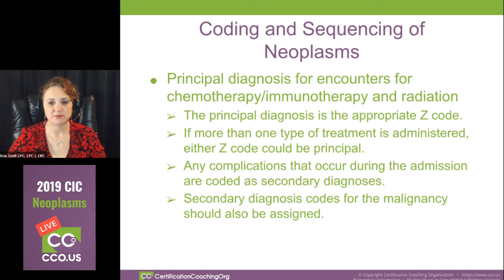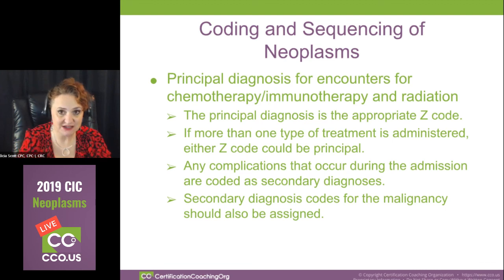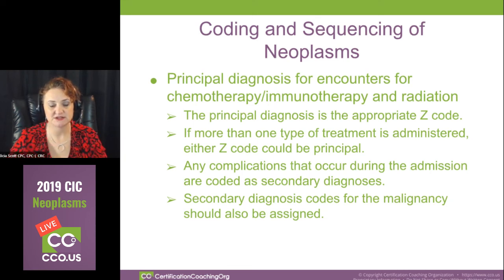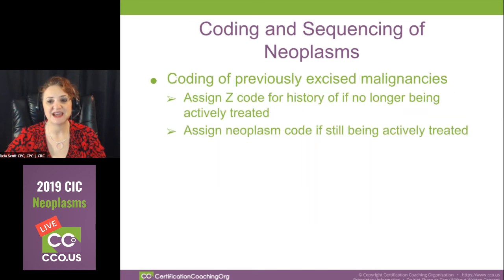If the patient's admitted into the hospital because they had cancer and they developed a complication during the admission, then it's coded as a secondary diagnosis. If you have a secondary diagnosis code for the malignancy because of the complication, then you're going to code that second. Previous excised malignancies, Z codes.